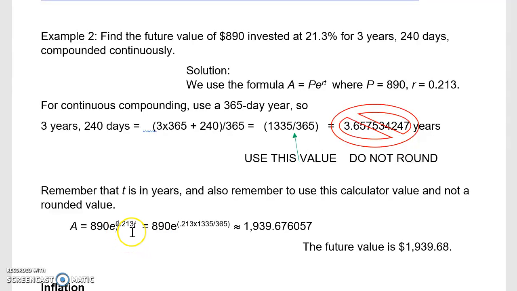We'll be multiplying 0.213, which is the decimal equivalent of the given percentage, by the time in years. And so the calculator should give an output something like this. And rounding to the nearest cent and using appropriate units, we have a future value of $1,939.68 because that 6 right there tells us to increase that 7 by 1.